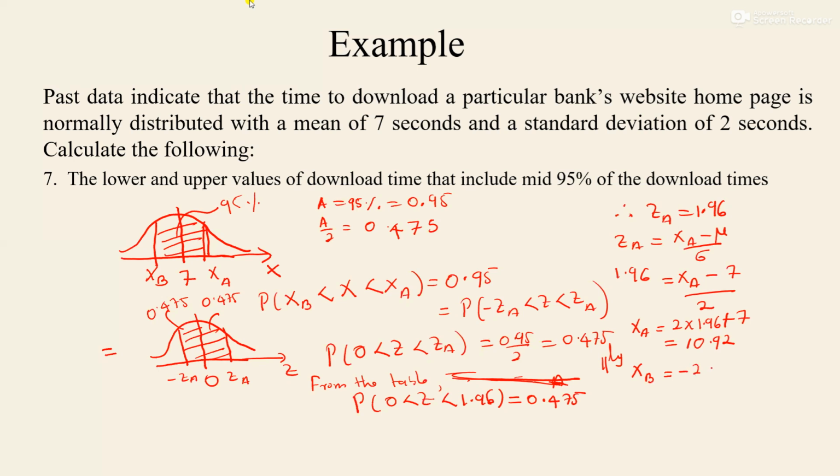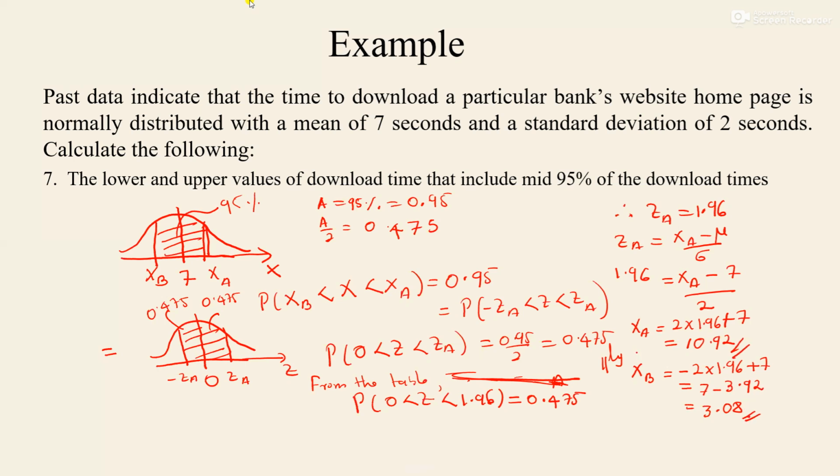So minus 2 into 1.96 plus 7, that is equal to 7 minus 3.92, which is 3.08, right? XA and XB.